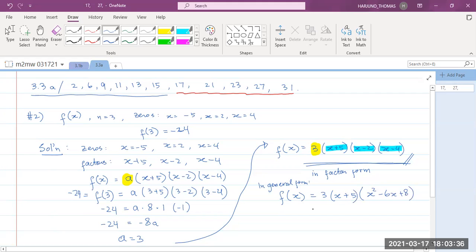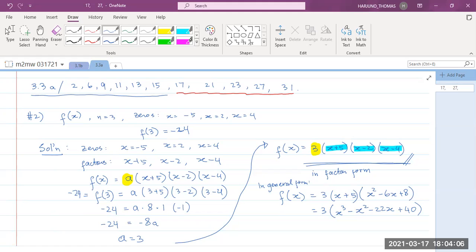And then I multiply that, I will get x cubed minus x squared minus 22x plus 40.